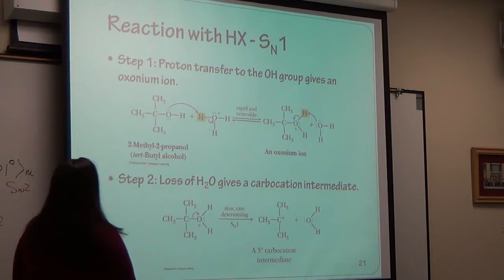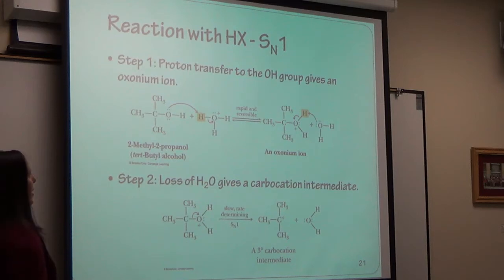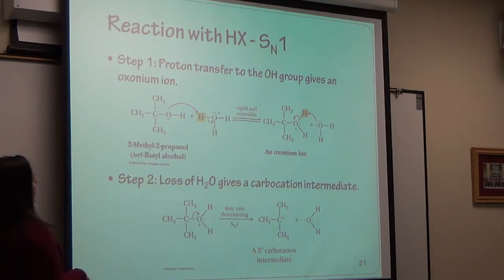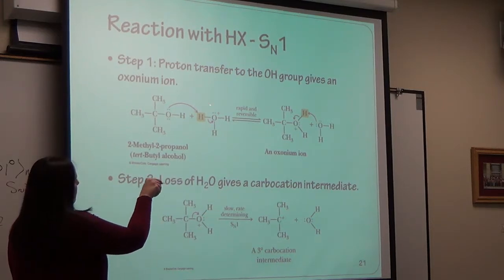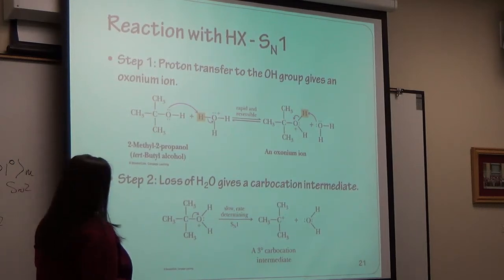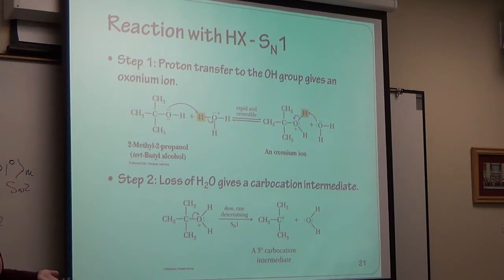Keep in mind that there's a first step in the mechanism that has to happen for alcohols to react. This SN1 is the first type of reaction we're talking about here. The H has to be picked up. They put the hydronium ion, but HCl and HBr are acids as well in their own right.